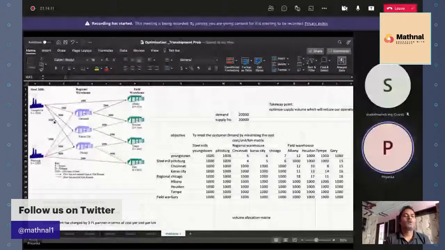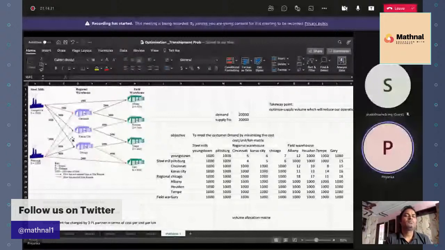17,000, right? What is the total capacity? The total capacity to supply from the factories is 25,000, but the factories are only selling 17,000.